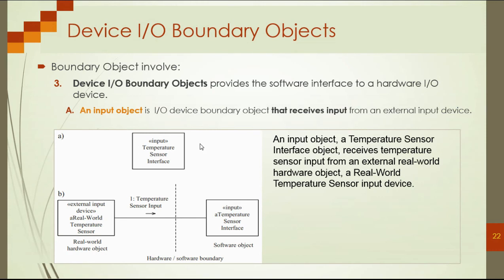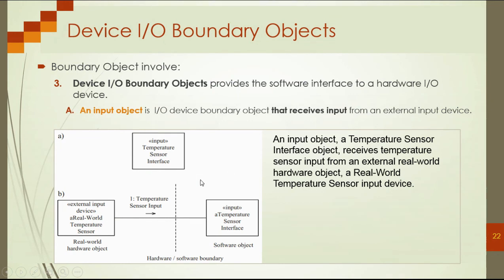The first is the input device. The input device is used to receive the input from the external device. An example is the sensor. Here we have the sensor. The sensor is a software object, while here is the hardware, the real world object. For this real world object, we should create a corresponding object to represent this real world sensor in our system.